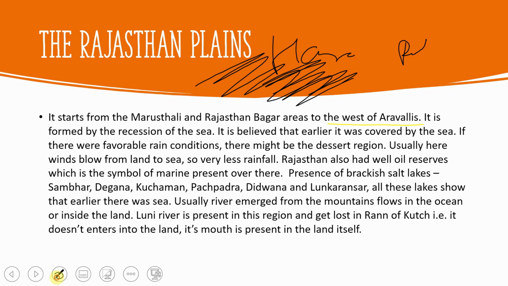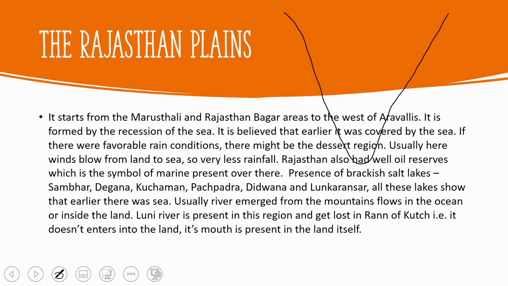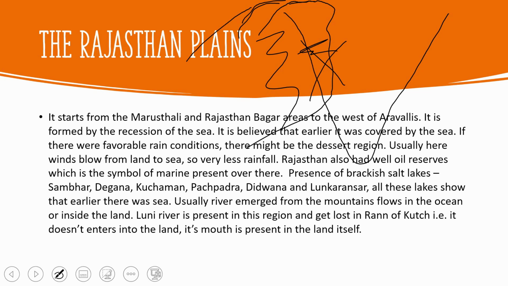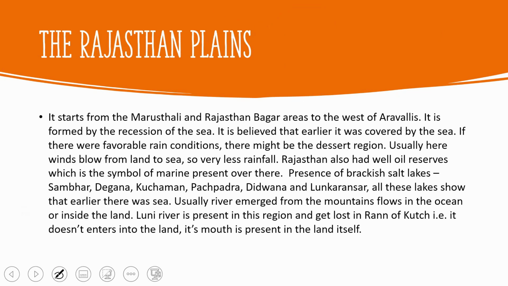If this is our India, then this is the Arabian Sea, which was flowing till the Rajasthan part. After that, the level of the sea decreased, the land between rose above, and thus we get a desert. This is one theory.